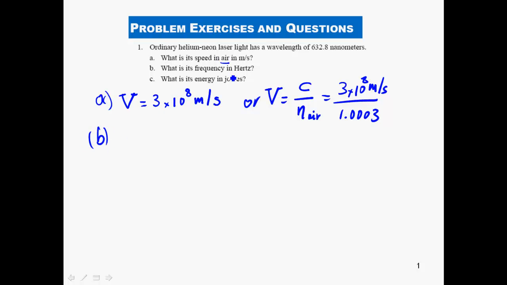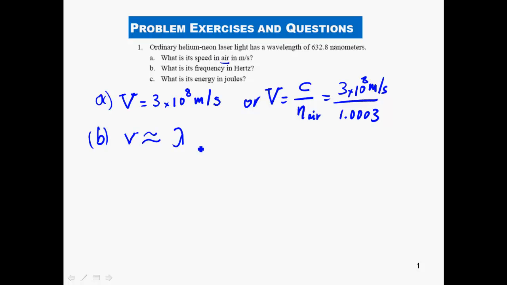What is its frequency in hertz? Okay, so frequency is the letter nu. So I need to find a relationship that relates nu to what I am given, which is wavelength, lambda.